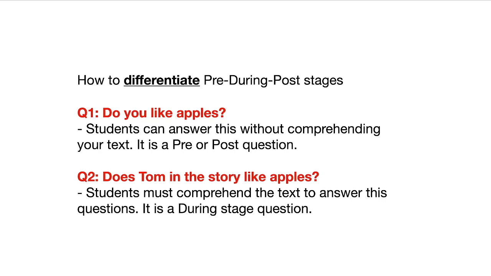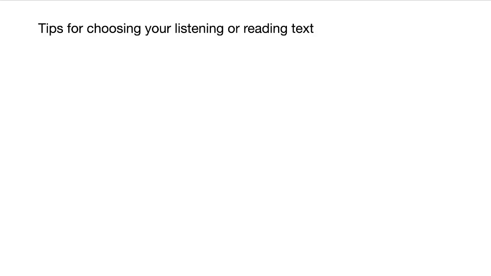Any question or any type of activity that requires students to understand the content of the text, whether it's giving opinions about the text, summarizing the text, or even role-playing an interview using characters from the text, could also count as a during stage because it shows comprehension of the text. So I hope that clears that up.